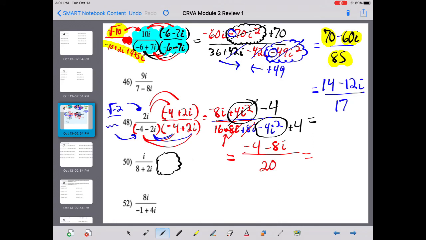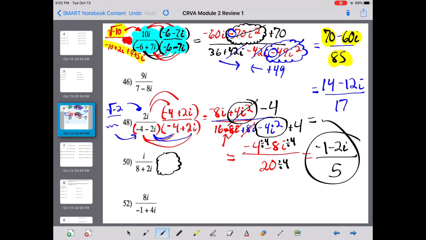Now you can divide all of these numbers by 4. 4 is the greatest common factor. So then you get negative 2 minus, whoa, that's not right, just kidding. Negative 4 divided by 4 is negative 1. Minus 2i divided by 5. That is the better answer, or the best answer. Sweet.